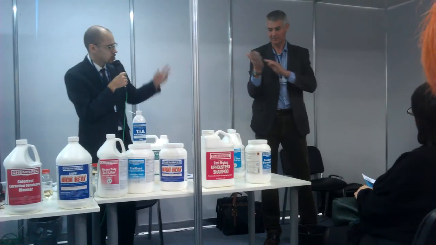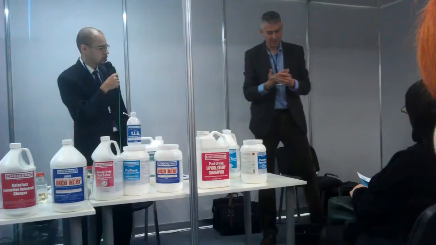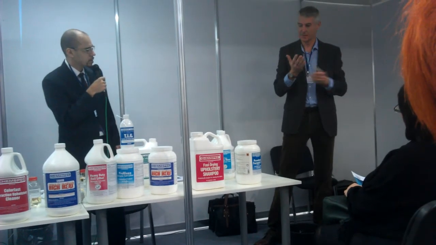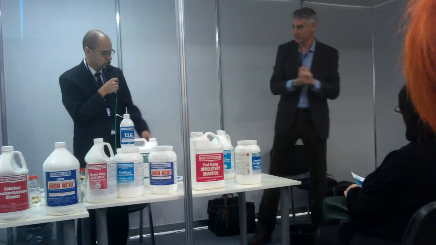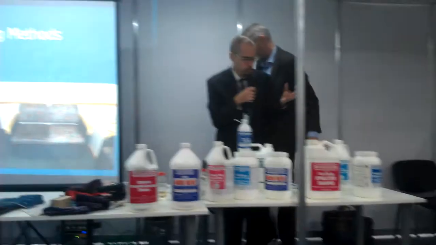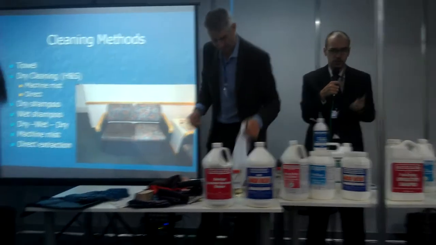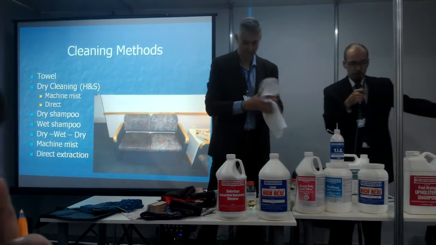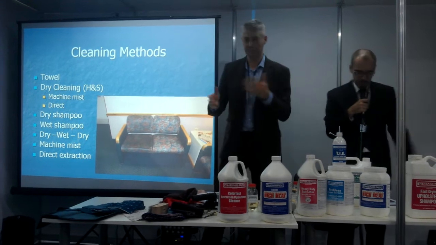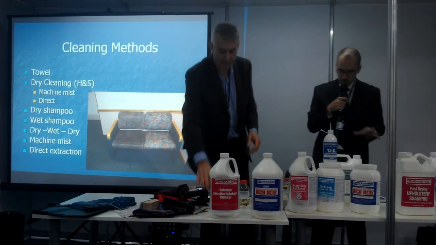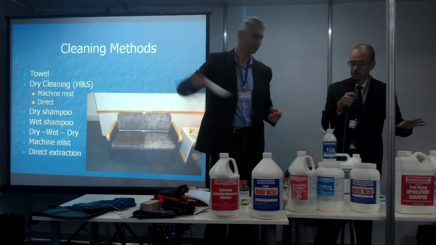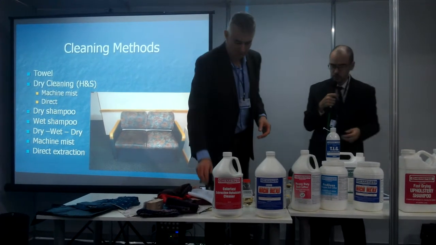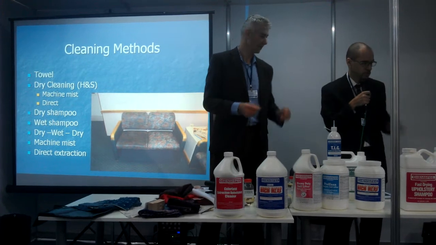But you can create a very light foam, almost like a shaving foam, using this. And you can lay it onto the fabric, massage it in, and then remove it with just vacuuming.